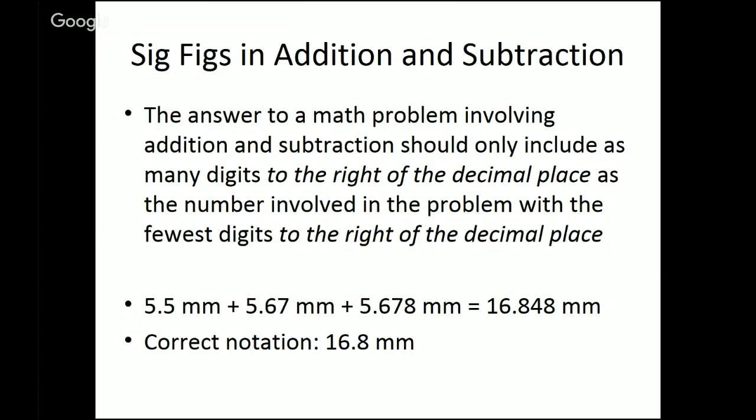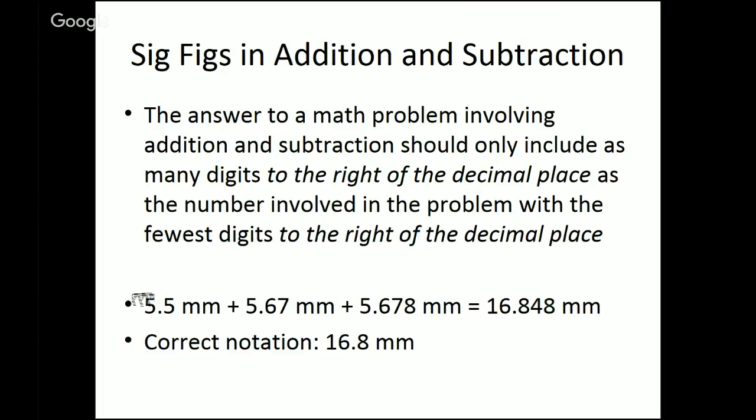Well, basically, what you want to do is find the number in your problem that is the least precise. In other words, it has the smallest number of decimal places to the right of the decimal point. So if you're looking at this math problem here on the bottom, you can see pretty quickly that 5.5 only goes down to the 10th place. So it's the least precise compared to the other two.